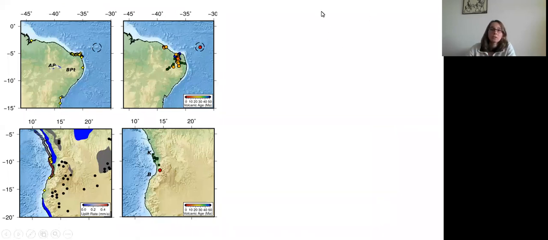So I'm showing Borborema or Brazil on the top and Angola on the bottom half. We've got a number of different geological constraints that can tell us about the timing of uplift. The yellow diamonds here are uplifted coastal deposits, so elevated marine terraces.